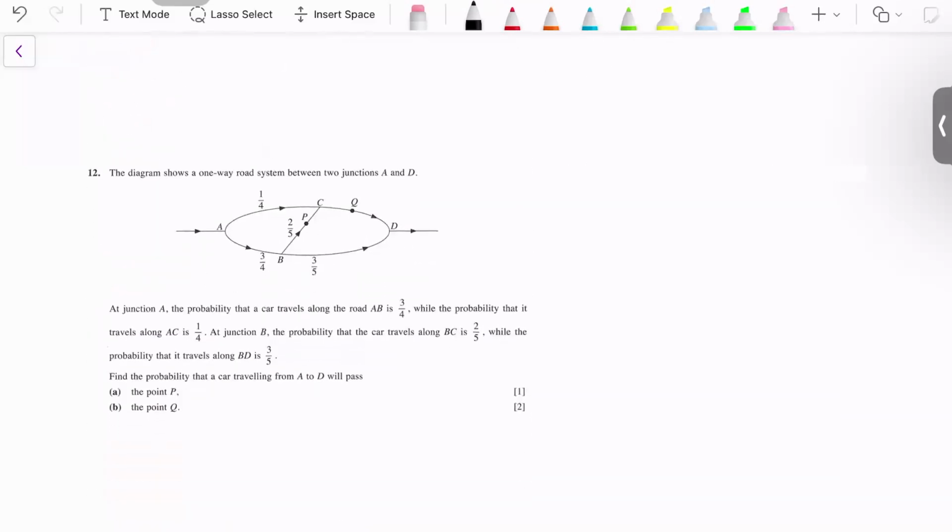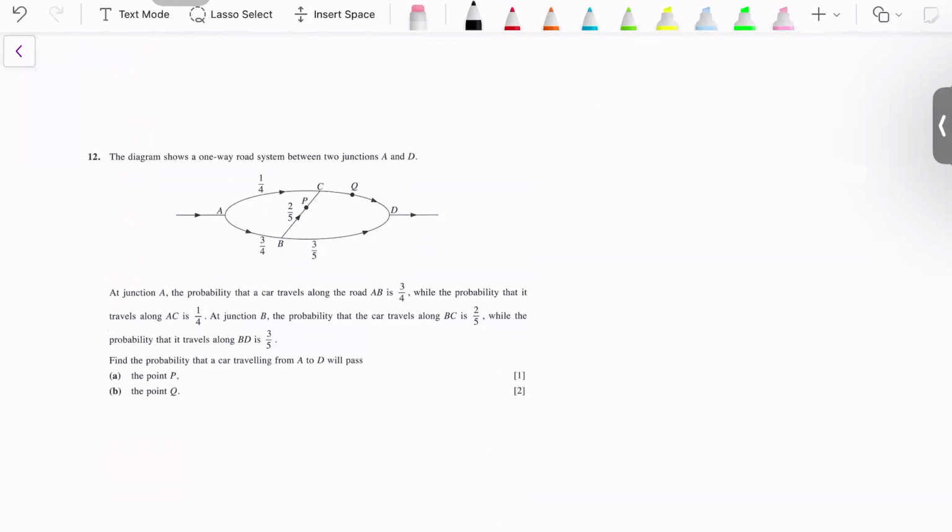Next is question 12. It says this: the diagram shows a one-way road system between junction A and junction D. At junction A, the probability that cars travel along the road AB, from A to B, is 3/4, while the probability that it travels along AC is 1/4.